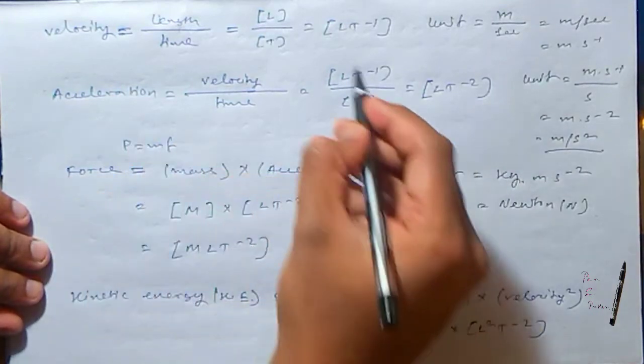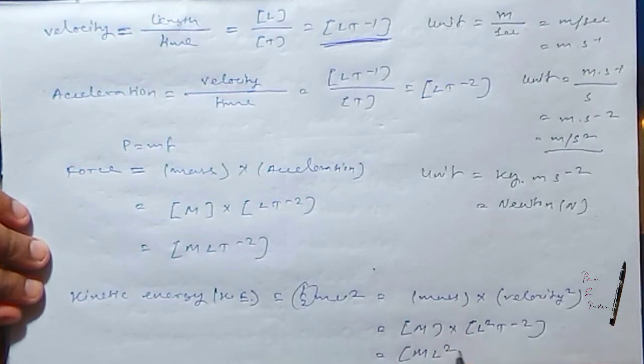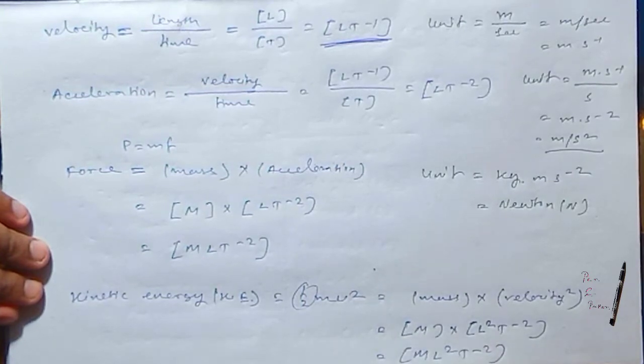Velocity is LT inverse 1, so if we take the square, it will be L square T inverse 2. So the final dimension is ML square T inverse 2.